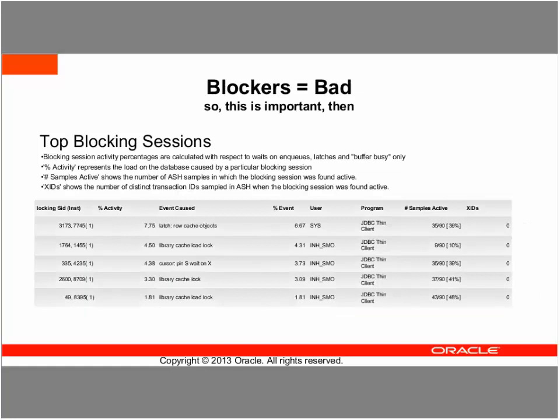We also find top blocking sessions. In many cases, this is absolutely essential. If you've got a lot of blocking going on, then we can always find a session that is being blocked. But it's very important to find out what the blocker is doing, and this shows you, at least for that particular sample period. So if we were able to get this information, say from a view real time, we could turn around and trace that session and maybe figure out what's going on in that session.